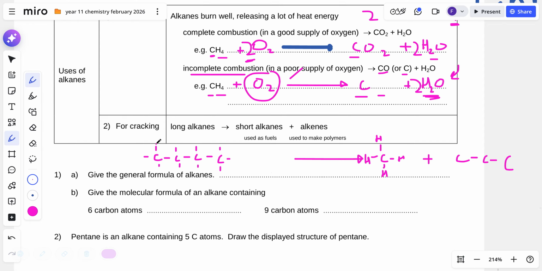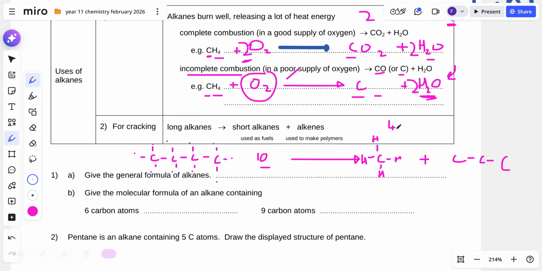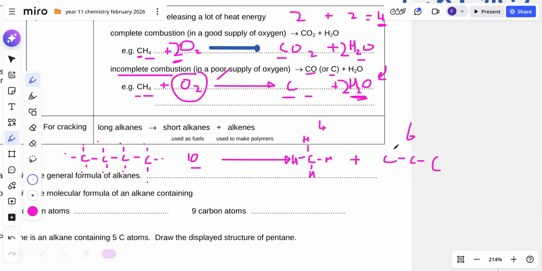Now, hydrogens. I've got 1, 2, 3, 4, 5, 6, 7, 8, 9, 10 hydrogens. On this side, I've got 4, meaning this molecule must have 6. This has to be an alkene, otherwise you've got too many hydrogens.